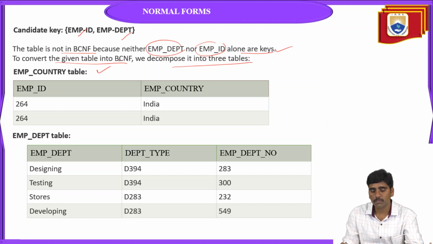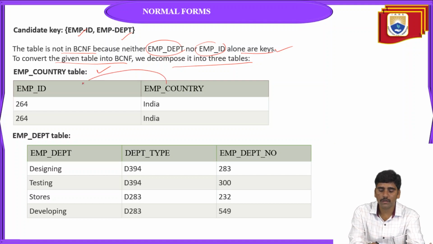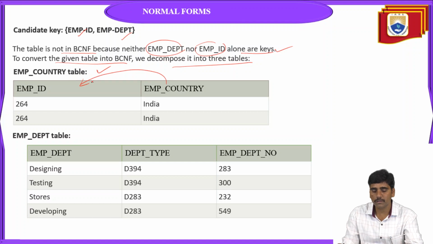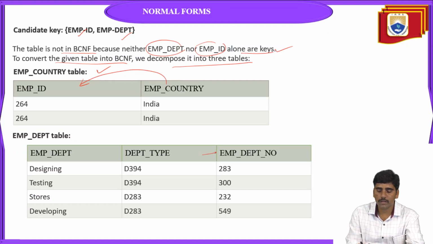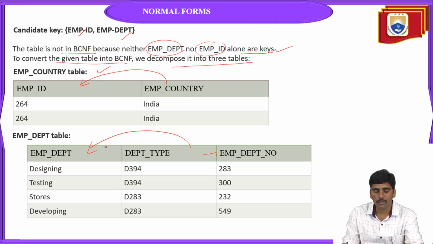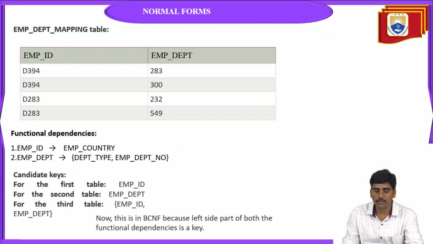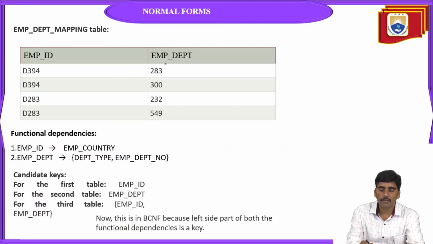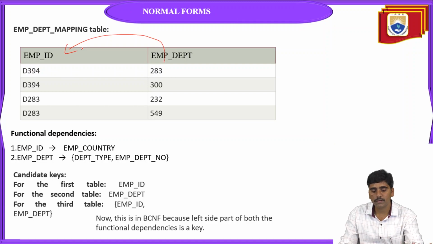Employee country table. That means employee country will be completely dependent on employee ID. And similarly, department type and department number will be dependent on employee department. And similarly, employee department is also dependent on employee ID.